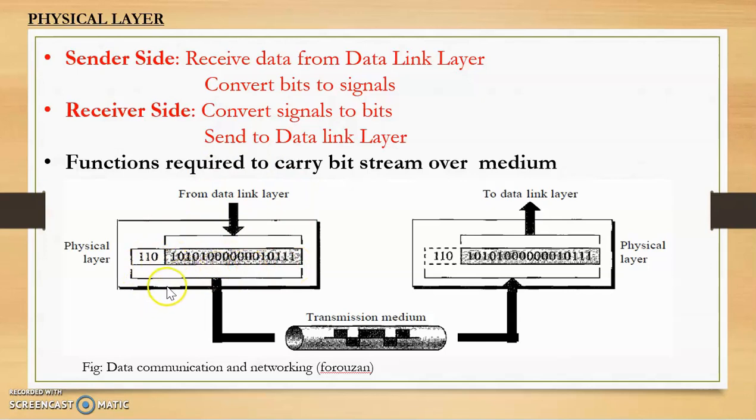The main work of the physical layer is to convert the bits into signals at the sender side and send it over the transmission medium, and then at the receiver side it will convert the signals back into bits and pass it on to the higher layer, that is the data link layer. So we can say that the physical layer coordinates the functions required to carry the bit stream over the transmission medium.